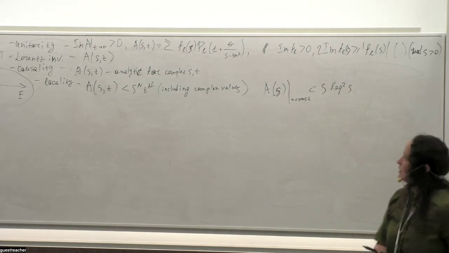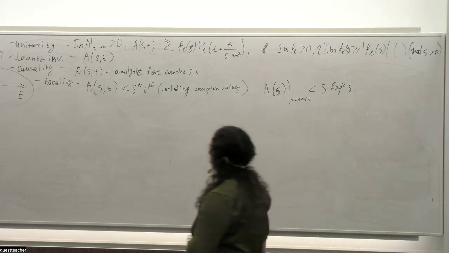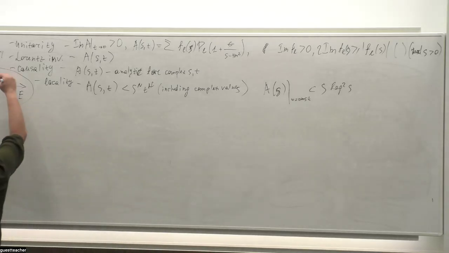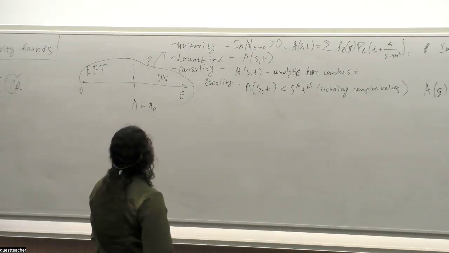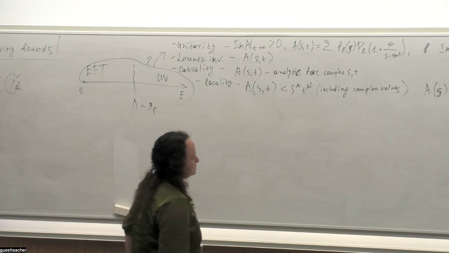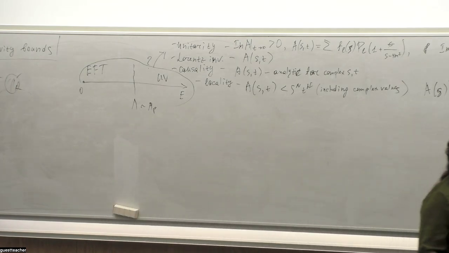Okay, even though we don't know what the UV completion is, we have this set of 4 properties translated into some mathematical properties of a function of two complex variables, the amplitude.